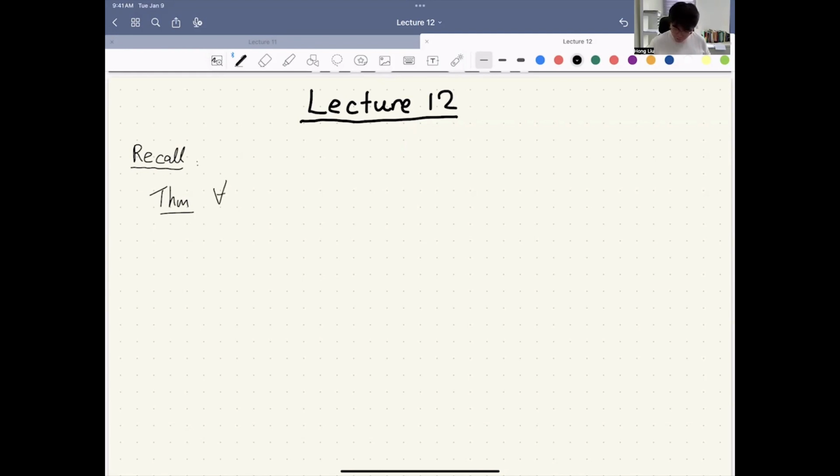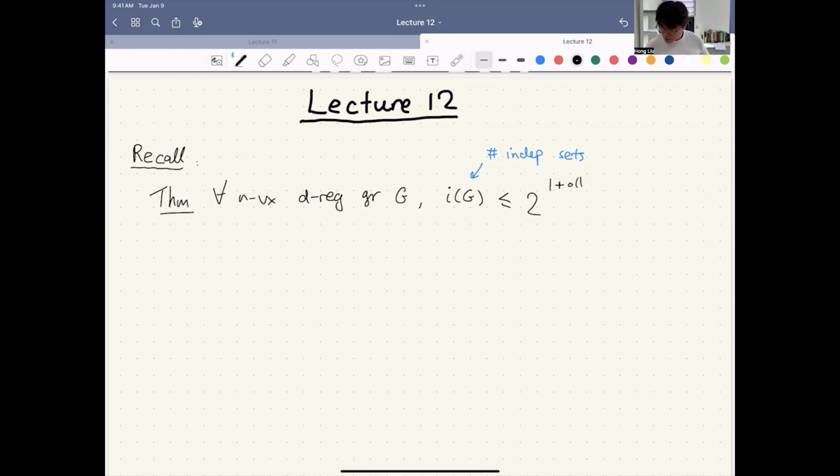for any n-vertex D-regular graph G, the number of independent sets is at most 2 to the (1 + o(1)) n over 2.